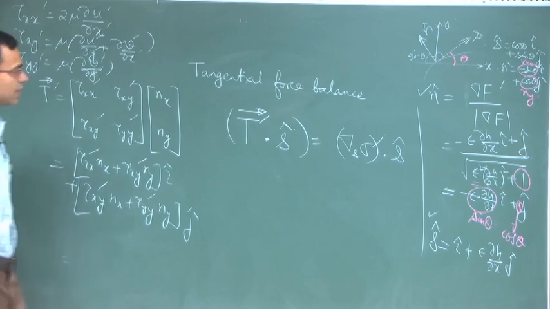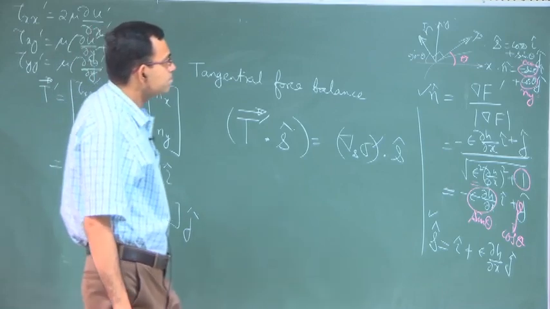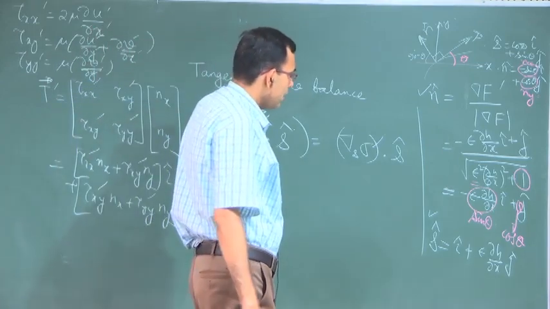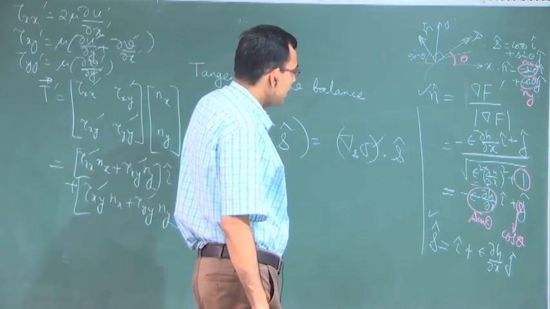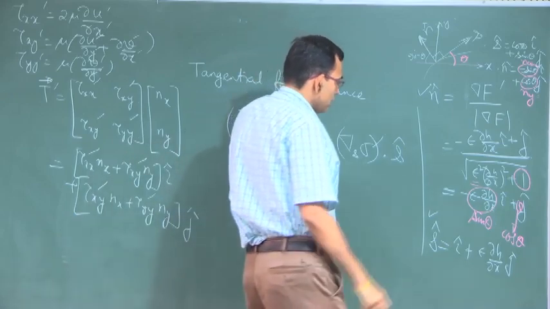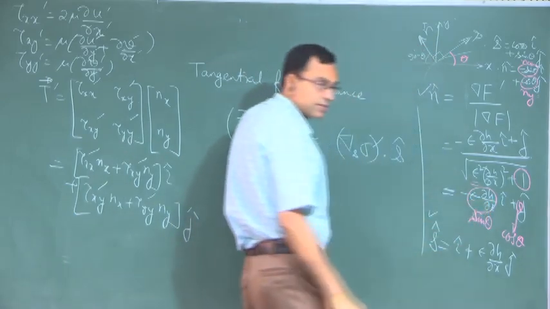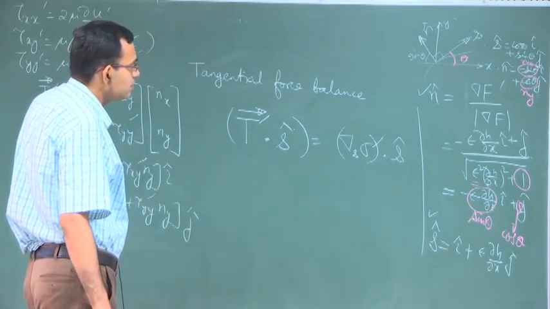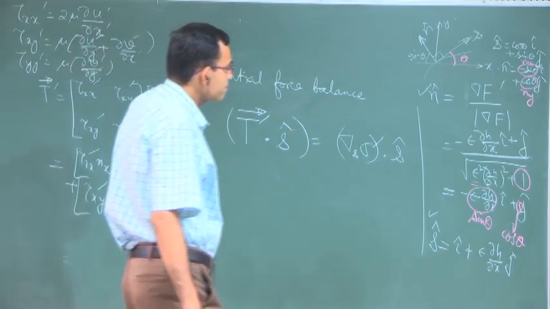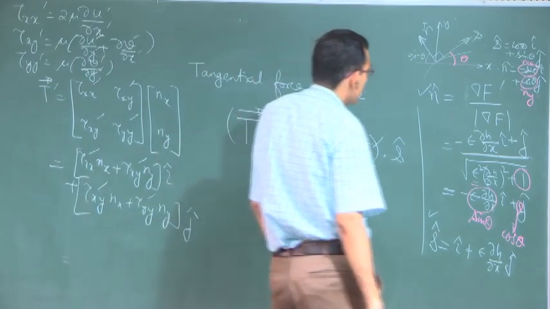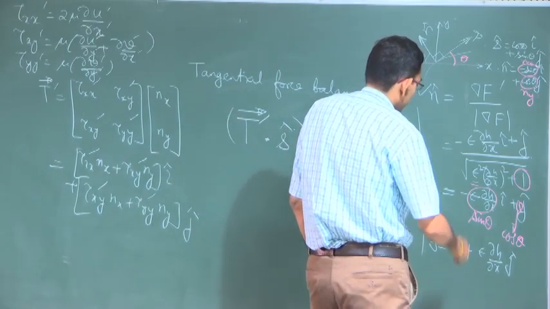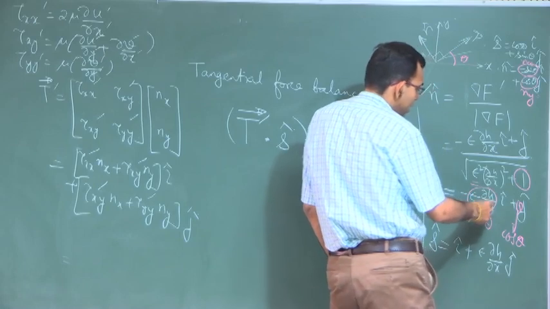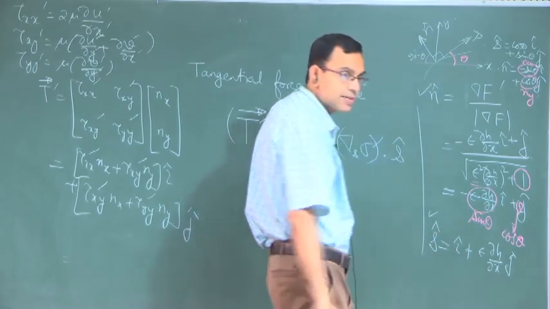So, tau xx into nx, nx will be minus sin theta. So, epsilon del h del x, right, nx is minus sin theta. So, minus epsilon del h del x, right.